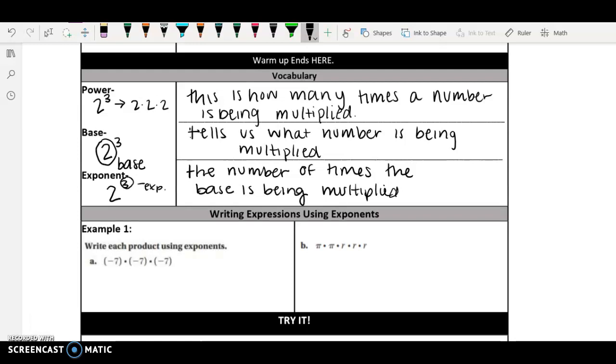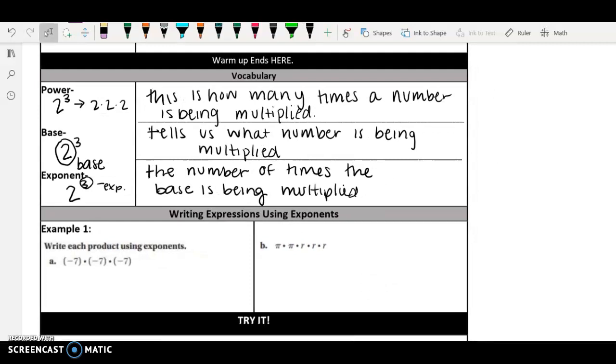Sometimes it gets a little confusing, like what's a power and what's a base, or what's a power and what's an exponent. The way to remember it is, again, 2 to the third: the 2 is our base, our 3 is our exponent, and the whole thing together is our power.